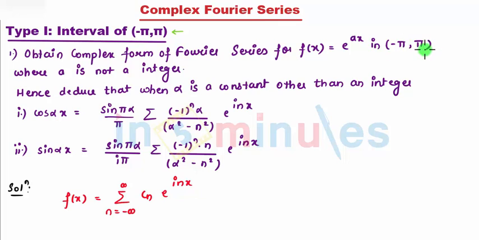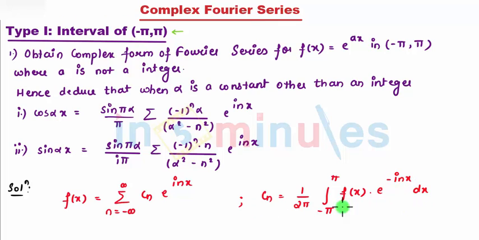Now for minus pi to pi, in the last video we had already discussed what changes occur in the Fourier series and my c n value if the range changes. So for this, my value of c n is 1 upon 2 pi, integral from minus pi to pi of f of x into e raised to minus i n x dx.